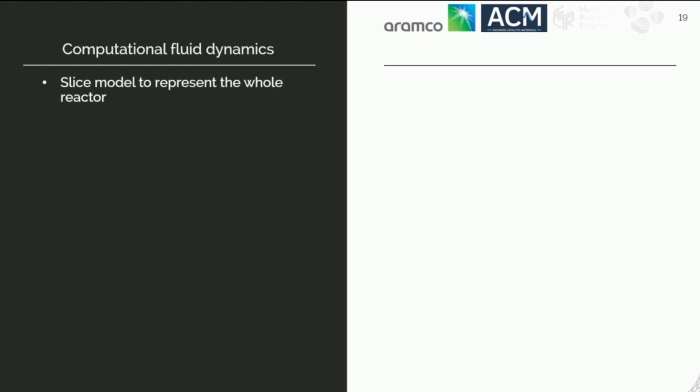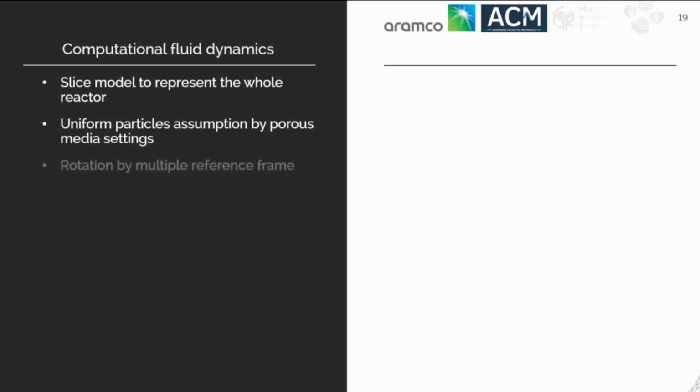In order to simulate the Berty reactor, we have two approaches. The first approach is computational fluid dynamics, where we can model one part of the reactor instead of the whole reactor, and also we can represent the particles by fixed porous media.